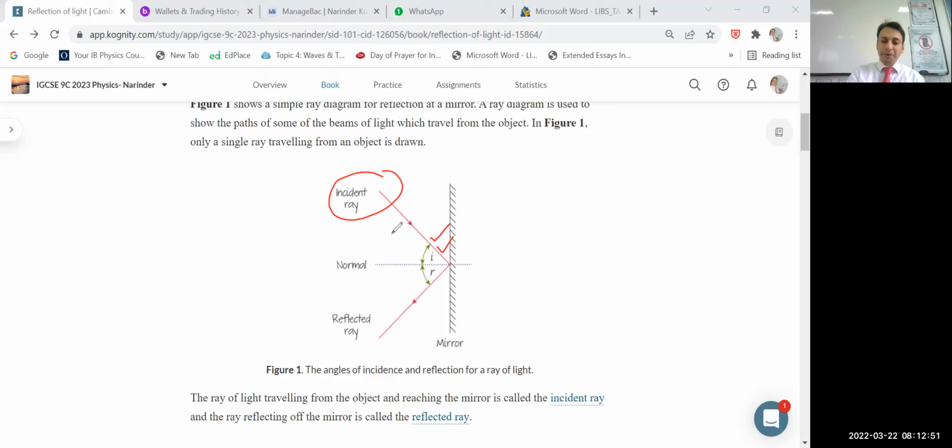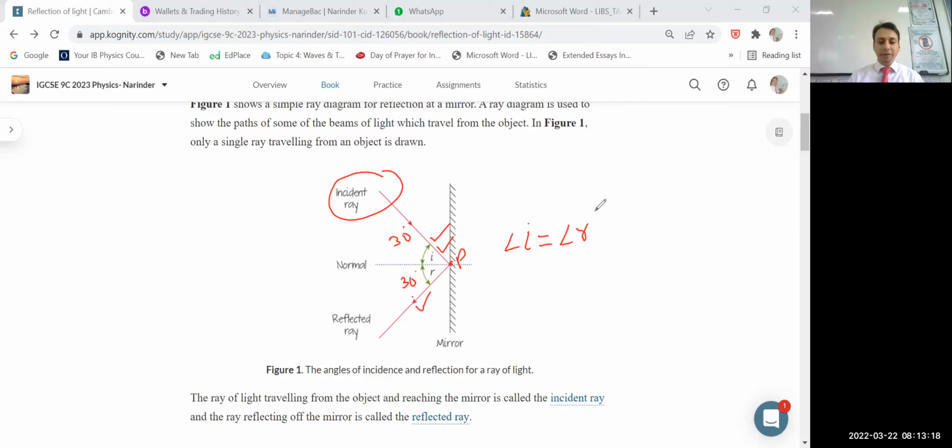For example, if light is incident with an angle of 30 degrees to the point P on the mirror after drawing a normal, then light is reflected back in this direction. So this angle R is also equal to the same angle, 30 degrees. And this explains in reflection of light, angle I is equal to angle R.